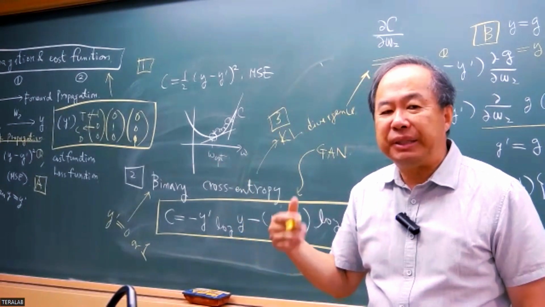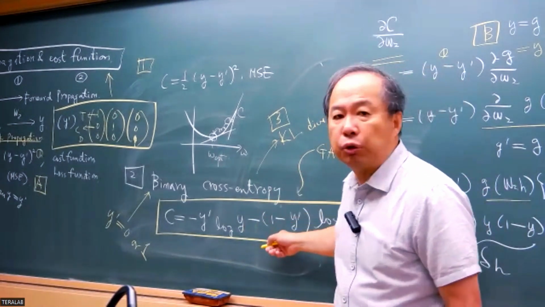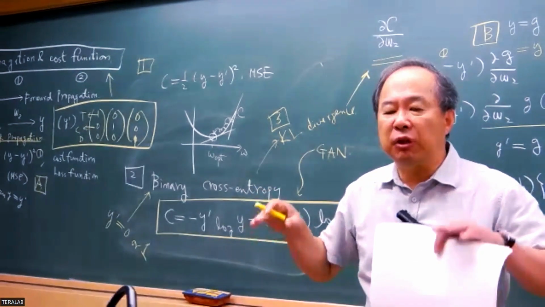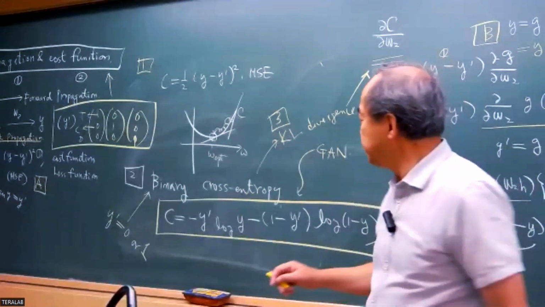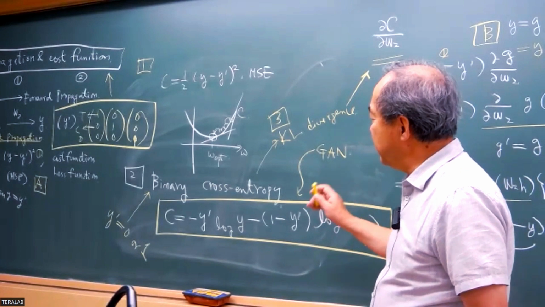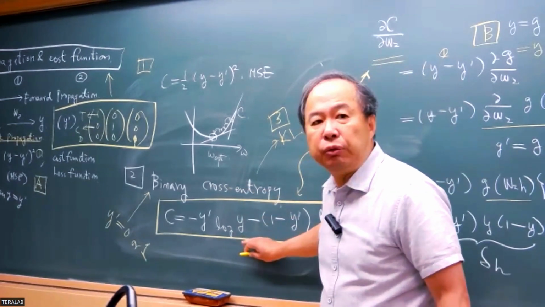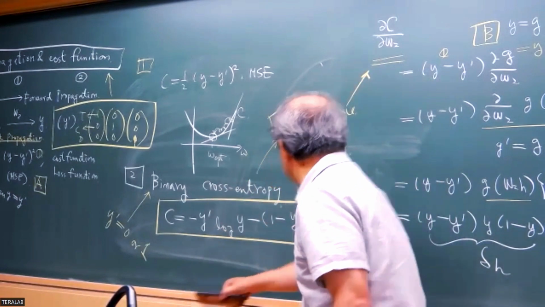Later, probably next week or the week after next, we are going to talk more about cross entropy and KL divergence. That will give you the foundations to understand generative AI. But today, I'm not going to go into detail on cross entropy. Rather, I would look into the meaning of this equation only mathematically.